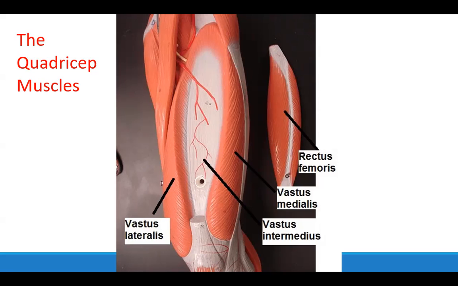And then to top it off, we have the one on top called the rectus femoris. These are the 4 quadricep muscles.